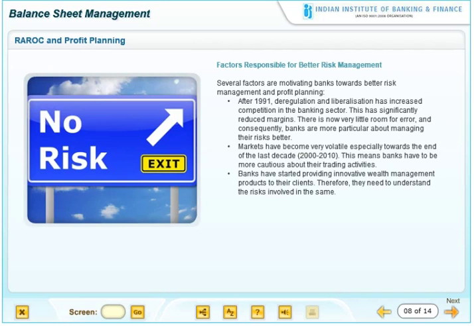Markets have become very volatile, especially towards the end of the last decade, 2000 to 2010. This means banks have to be more cautious about their trading activities. Banks have started providing innovative wealth management products to their clients. Therefore, they need to understand the risks involved in the same.